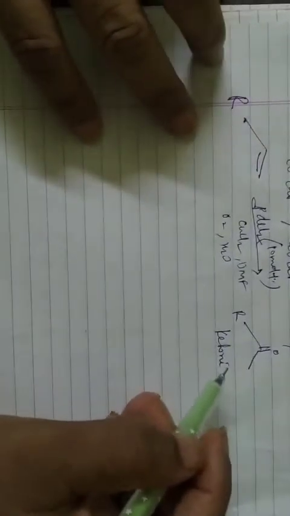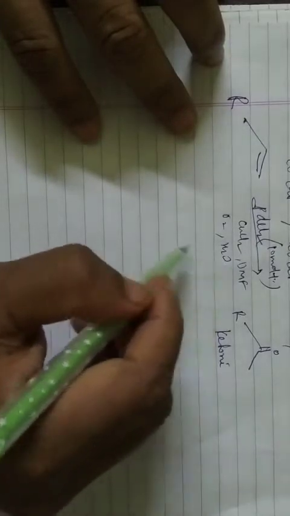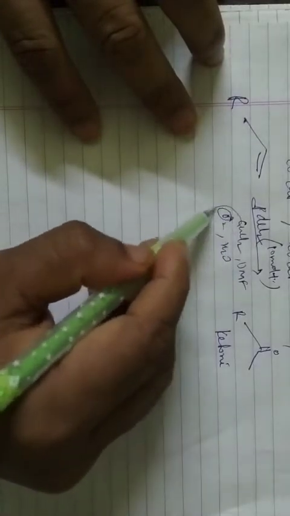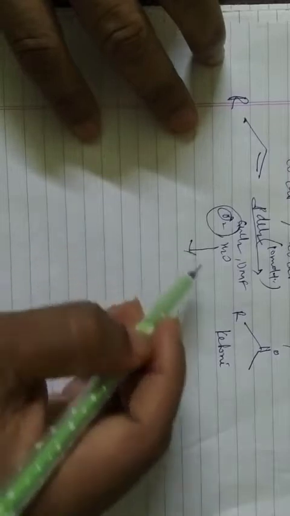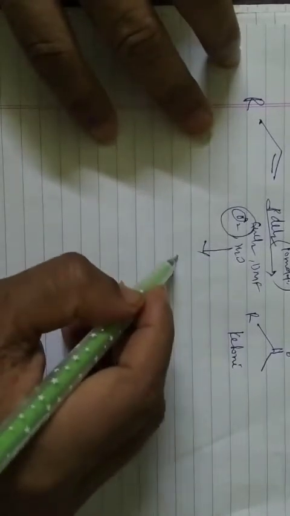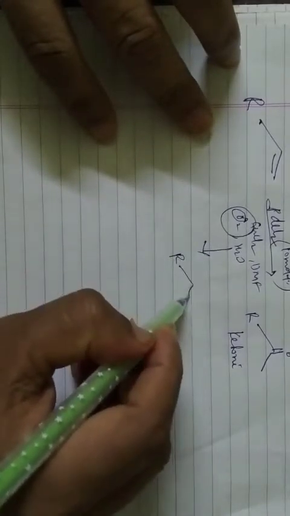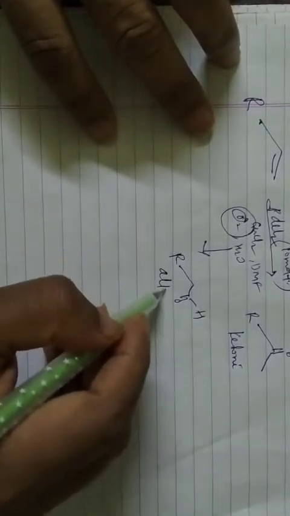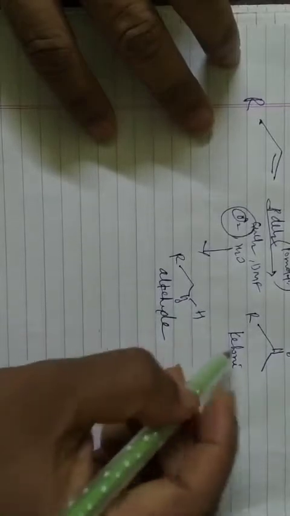And the same thing we have seen, that if there is no oxidant used, we are going to find the aldehyde like this. So this is your aldehyde and this is the ketone.